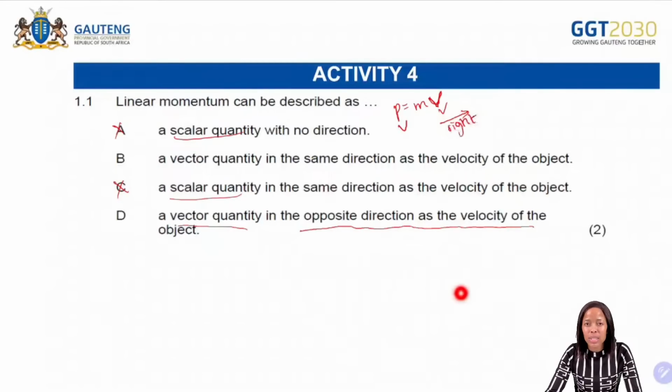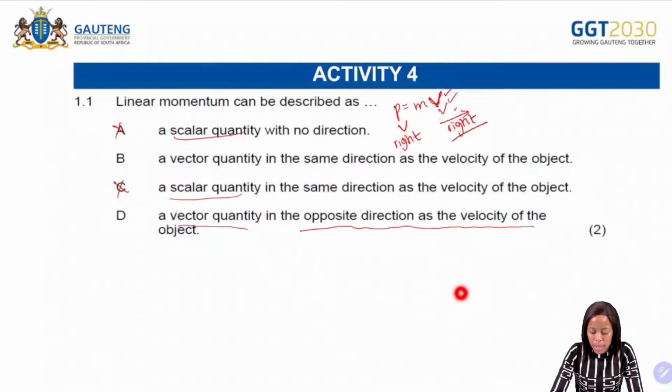It therefore means that the momentum will also have a direction to the right. Wherever the velocity is moving, that will also be the direction of the momentum.